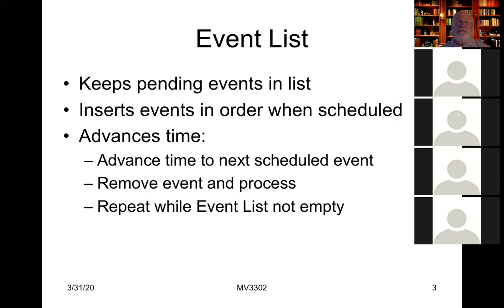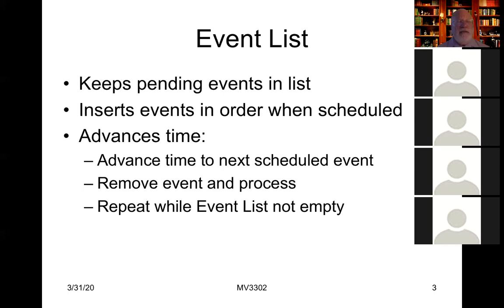And then after that, other events may be scheduled. And when an event is scheduled, the event list needs to make sure that those events are kept in the proper order. Again, one way to think of that is as a sorted set, because in the implementation, that's literally what it is. And it's kept in sorted order of the scheduled time.